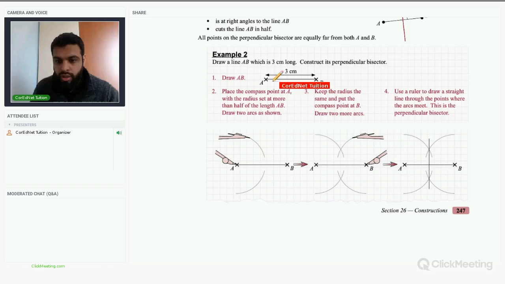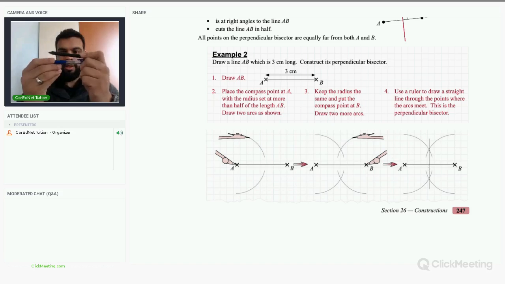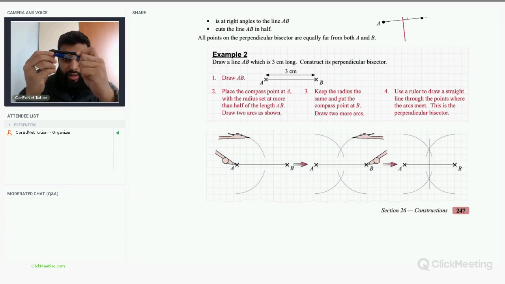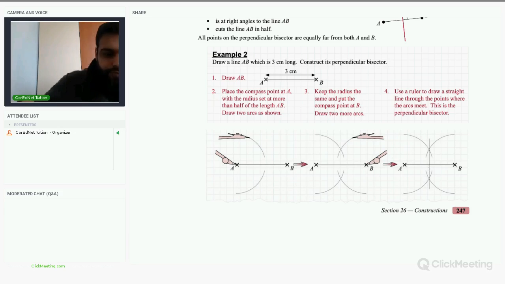After you've drawn it, you place a compass at point A with the radius set at more than halfway between A and B. Let's say somewhere over 1.5, like 1.7, just slightly over. Measure that on your line.